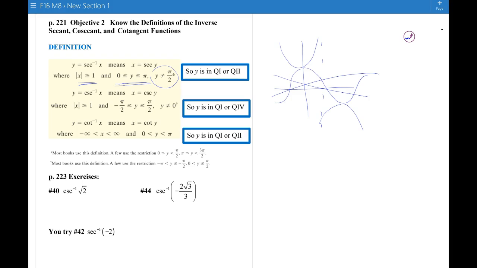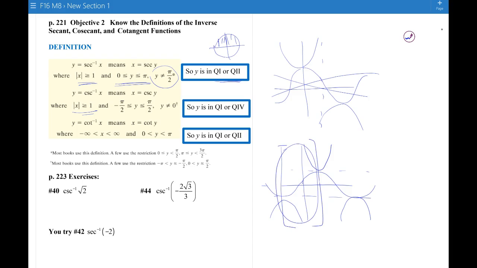So y is in quadrant 1 or 2 of the unit circle. Remember from 0 to pi is quadrant 1 and 2 of the unit circle. So you need to be able to go back and forth between these two ideas, the horizontal graph and the unit circle. Okay, and then we talk about the inverse cosecant has to have x outside of 1 and negative 1 again because we have this graph that looks like this. And then we need the whole graph.